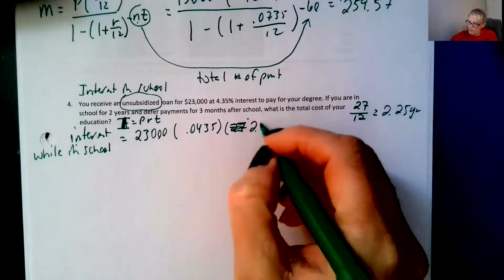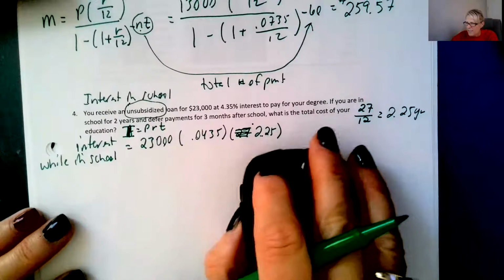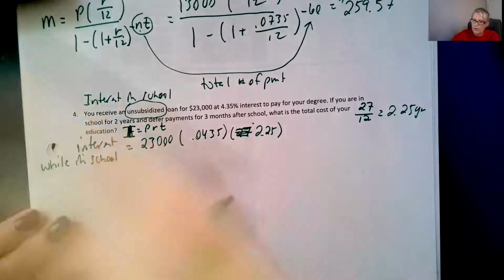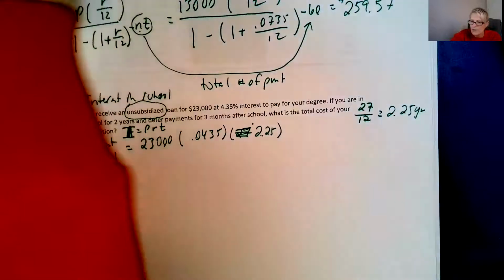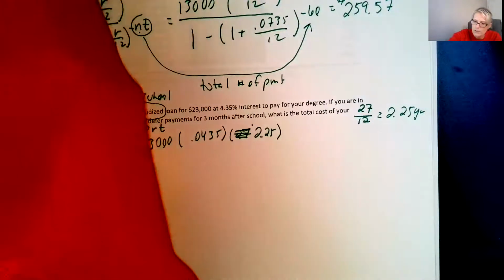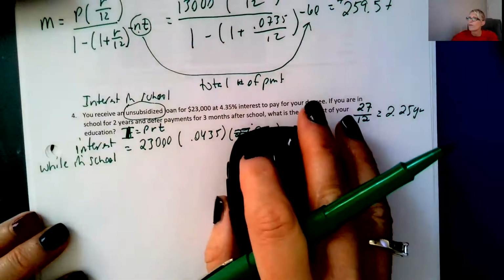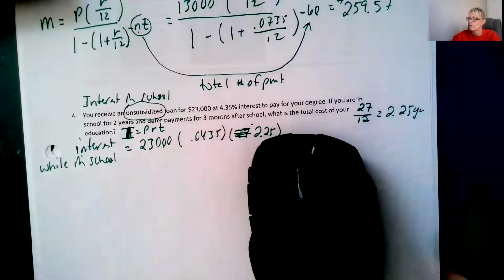So I'm going to Desmos for a moment and type in 23,000 times 0.0435 times 2.25. And don't worry, I'm going to share this whole Desmos with everybody as well.